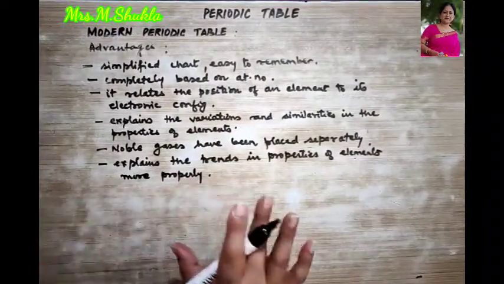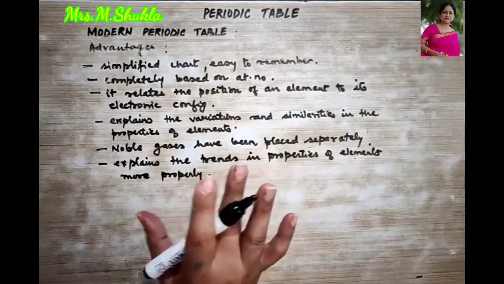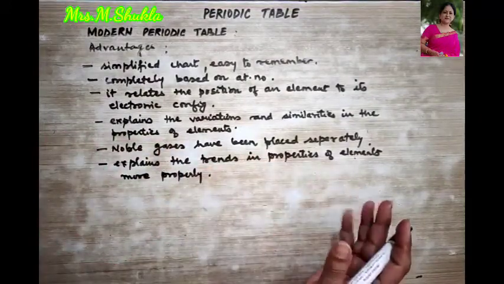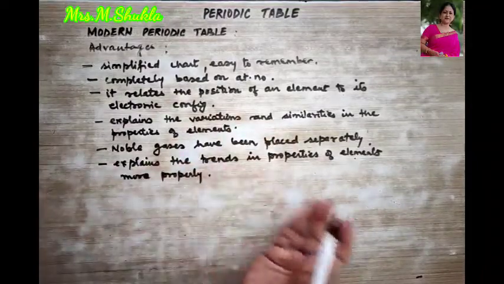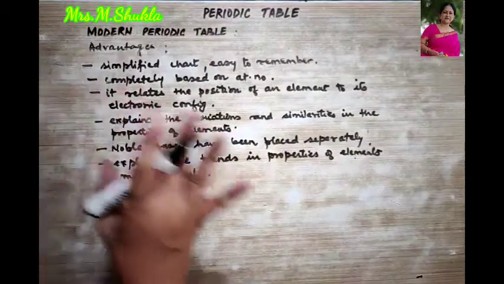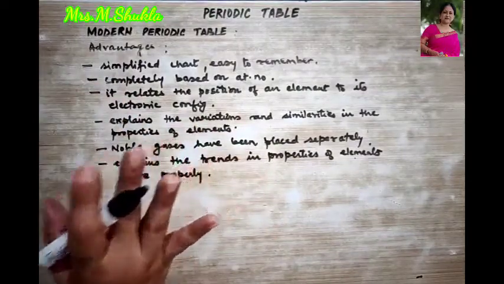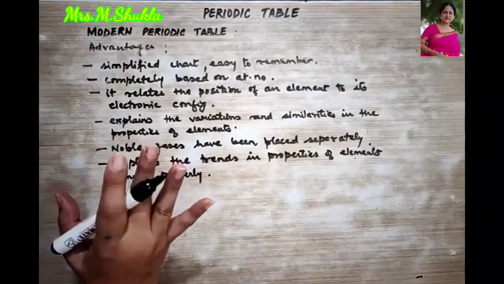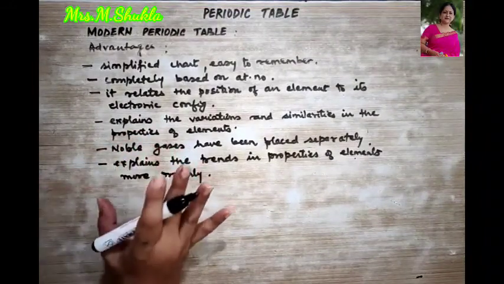Then it clearly demarcates the position of your metals, non-metals, metalloids, your inert gases, your transition elements, lanthanide and actinide series. So completely it gives us a good, easy and simplified study of all the elements.